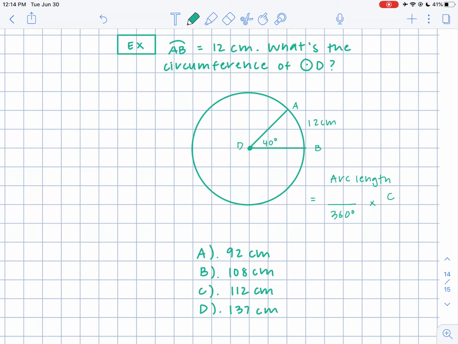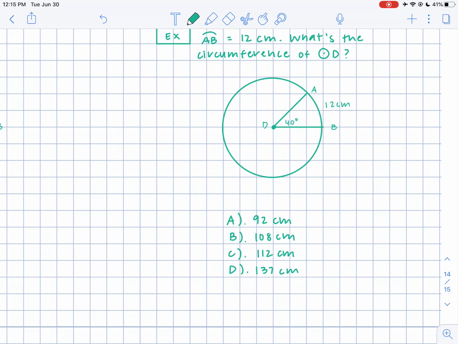Okay, so we already know that, actually I should rewrite this, sorry, just all over the place. Arc length equals, remember, some fraction where it's how much the arc length measures up to in degrees out of 360, right? Because it'll give us a fraction, times the circumference.